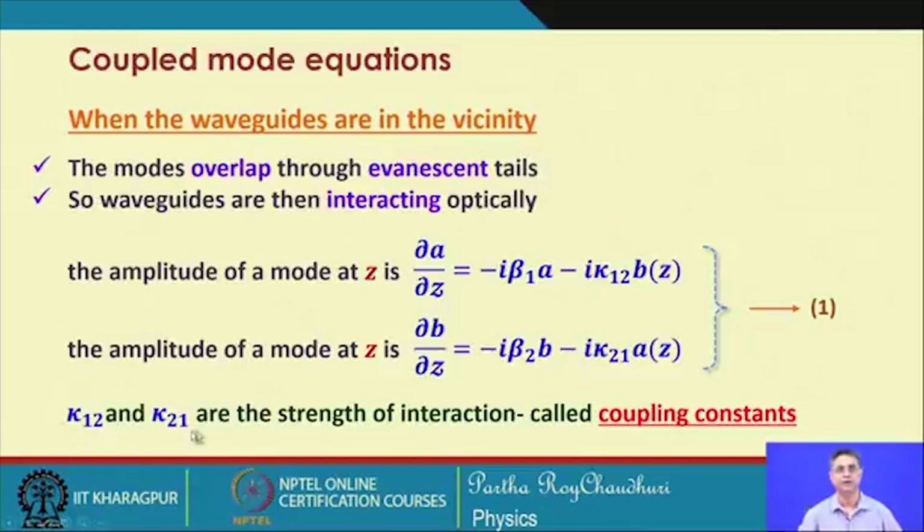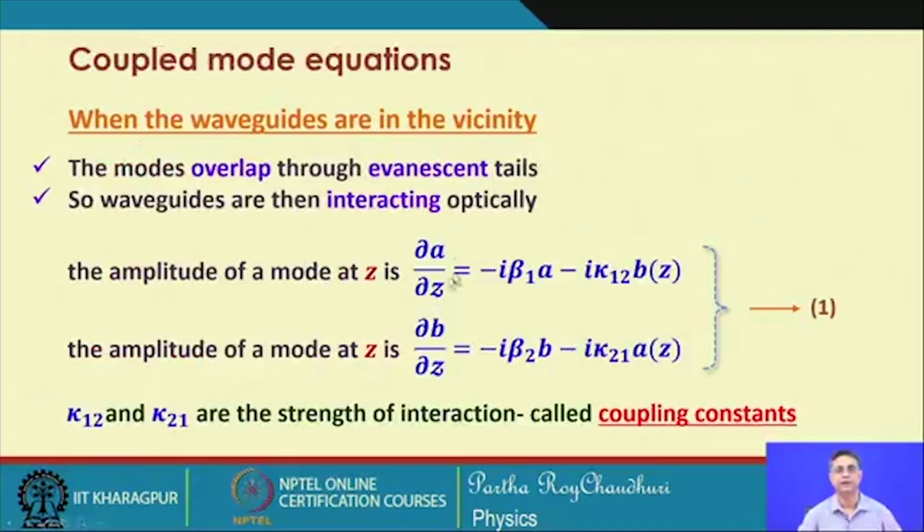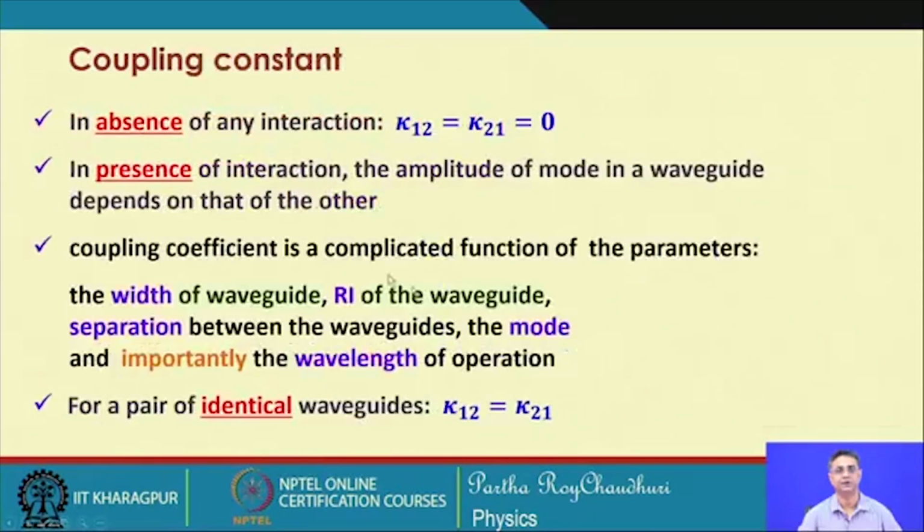Now, this K12 and K21 represent the strength of interaction. If it is large, then the interaction is more. If it is small, then the interaction is less. So, they are called the coupling constants K12 and K21. In the absence of any coupling, if the waveguides are well separated, these two quantities K12 and K21 will become 0 because there is no interaction.